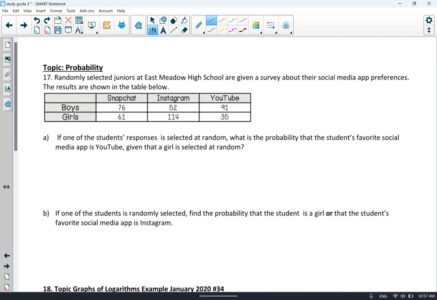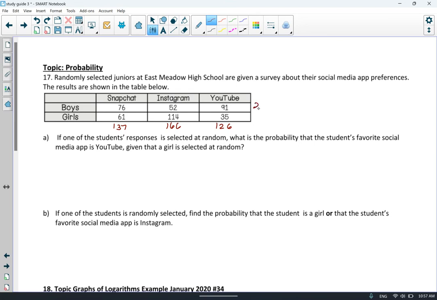Number 17, we're given data, and you have juniors that were surveyed about their social media preference. And so the first thing you want to do is get the marginal frequencies, in other words, the row totals and the column totals. So this is 166, this is 126, and now taking your calculator, you're adding up the rows.